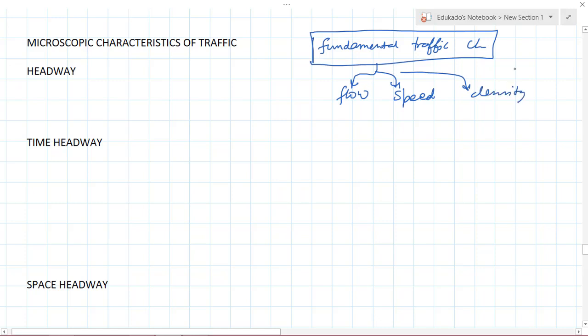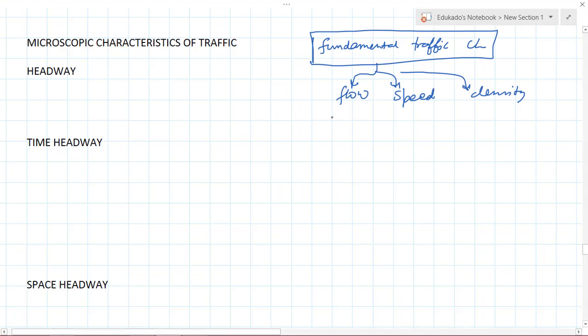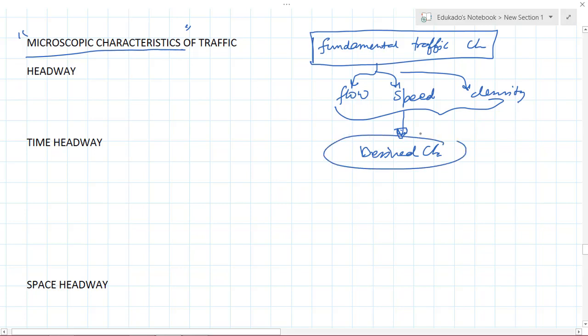We have talked about them till now. Using these parameters, I can derive some other parameters, known as derived characteristics, which are also known as microscopic and macroscopic characteristics. So they are the derived characteristics of traffic.